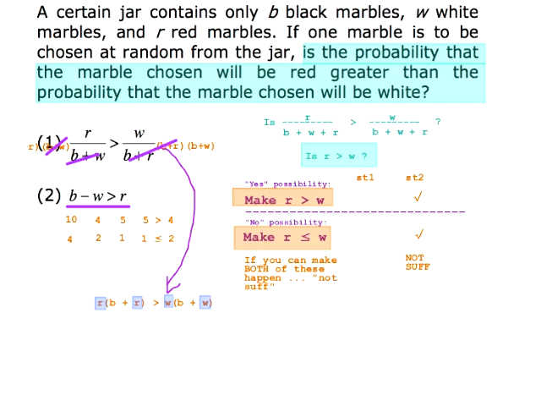So basically what you're saying here is the same formula with r is bigger than the same formula with w. What does that mean? It means that r is greater.